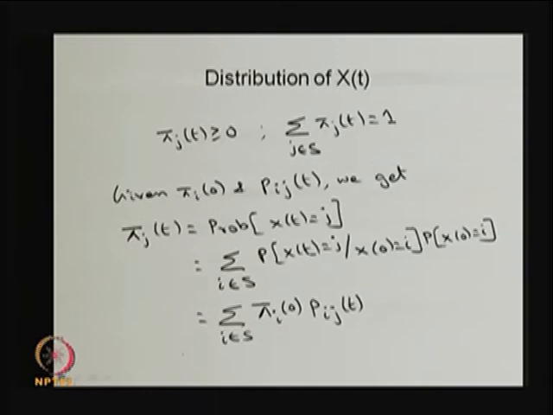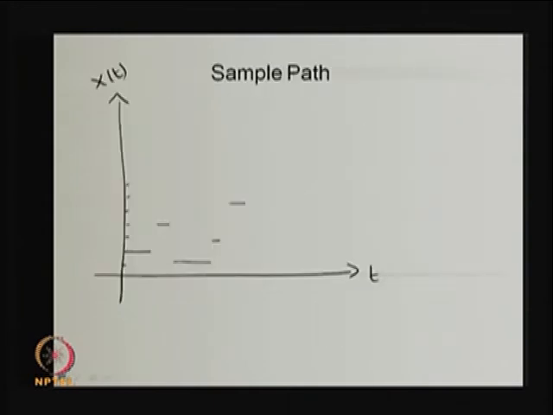If I go back to the sample path, the time the system spends in this particular state is exponentially distributed with some parameter. Then it moves into some other state, and the time spent in that state is also exponentially distributed, with possibly another parameter depending on that particular state.